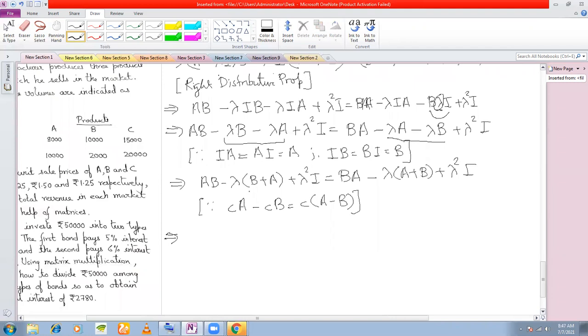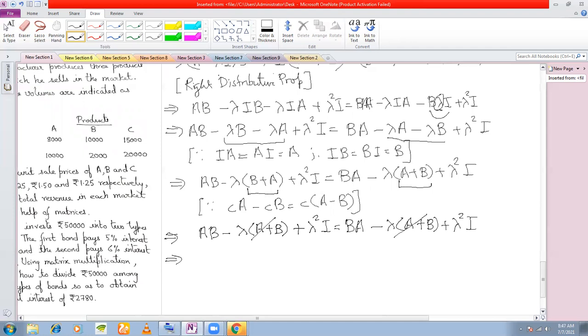Now, if you see, on the left hand side you have B plus A and you have A plus B. They must be equal because matrix addition is commutative, isn't it? So minus lambda times (B plus A) can be written as A plus B, plus lambda square I is equal to BA minus, on the right hand side, lambda times (A plus B) as it is, plus lambda square I. So now what happens?